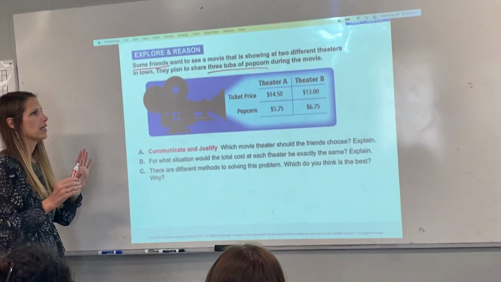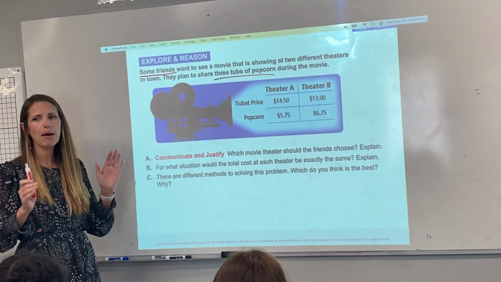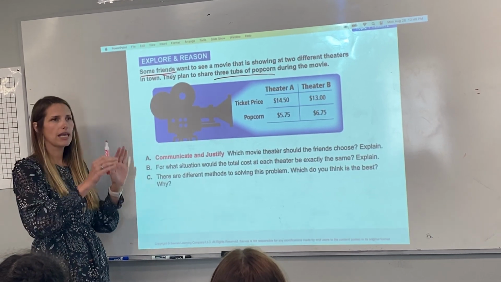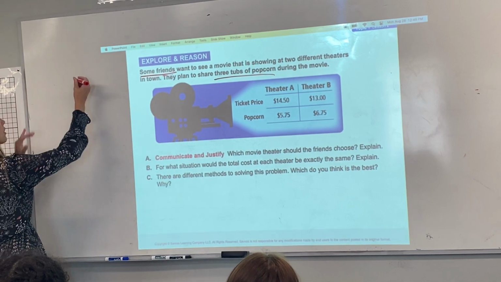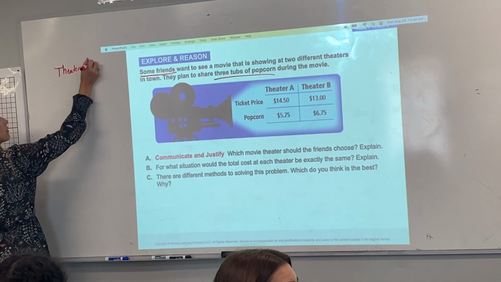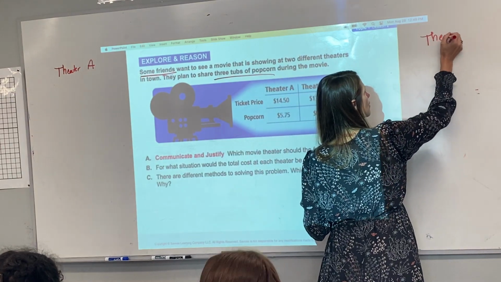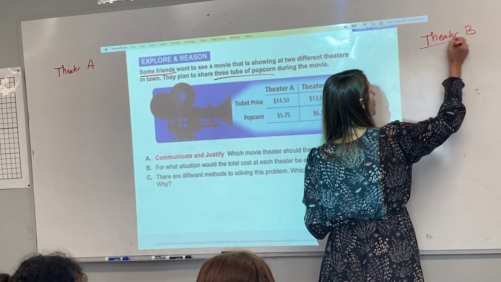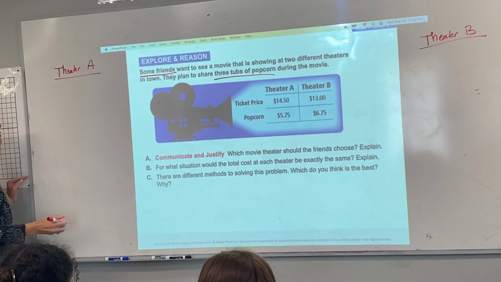Now, in order to really understand what's going on here, let's map out a table that helps us organize the information. I'm going to put theater A over here. And I'll put theater B over here. So here is going to be our table.